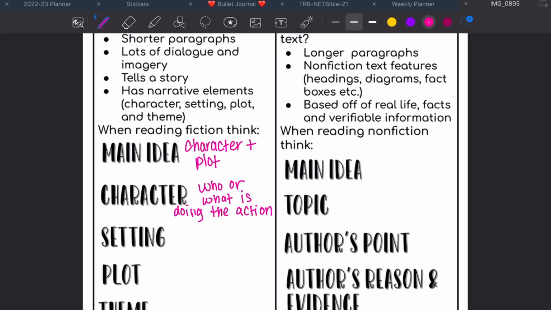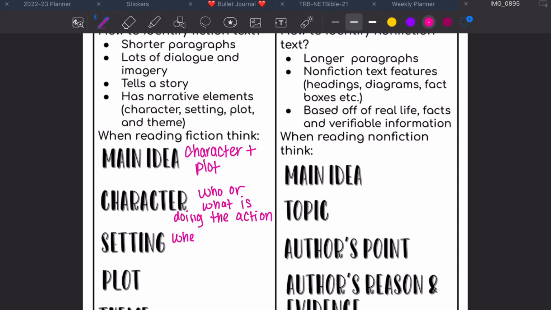Then we want to think about the setting. The setting is when. Do not forget the when. A lot of times we think about where when we're talking about setting. But if I have a story that takes place at night rather than in the day, that's going to affect my text.